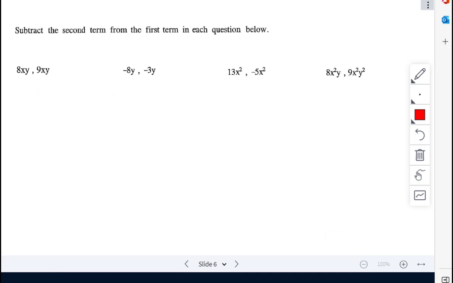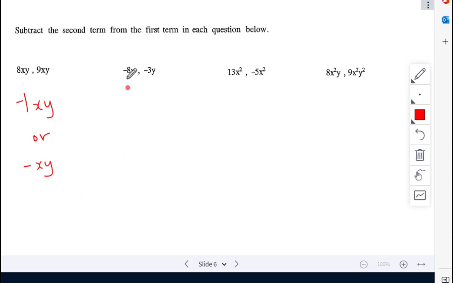All right, our next examples, we're subtracting the second term from the first term in each question below. So first of all, make sure the literal coefficients are the same, so xy, xy. So we're subtracting, so 8 minus 9, which will give me negative 1xy, or you will just see it as negative xy.